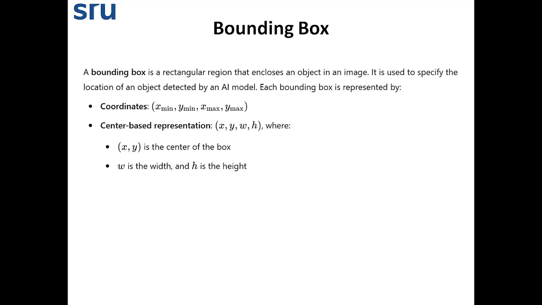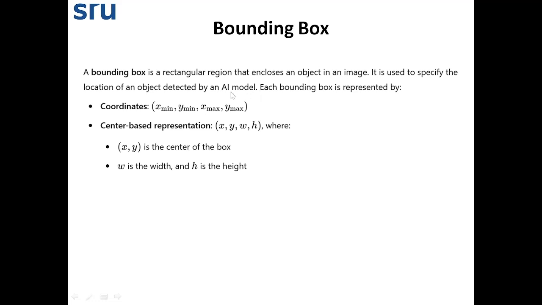Bounding box. It is a rectangular region that encloses an object in an image. It is used to specify the location of an object detected by an AI model.